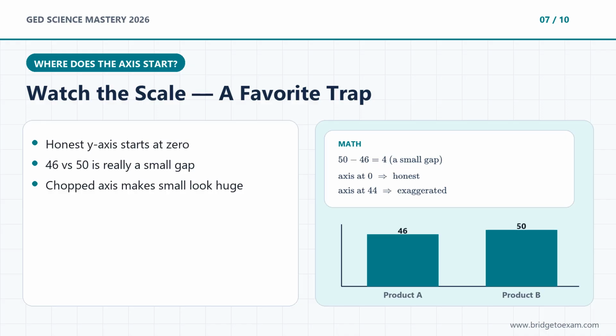If someone starts the y-axis at 44 instead of 0, that same tiny 4-unit gap suddenly looks enormous, like one bar is triple the other. The numbers did not change at all, only the scale did. So before you trust how big a difference looks, always check. Where does this axis start? If it does not start at 0, be careful.